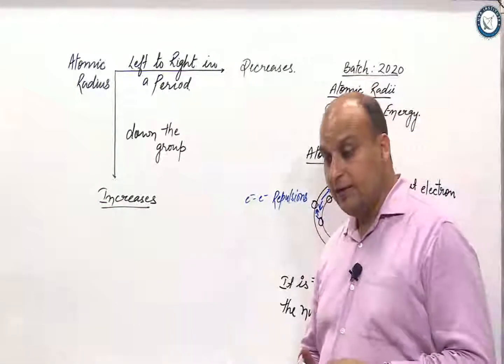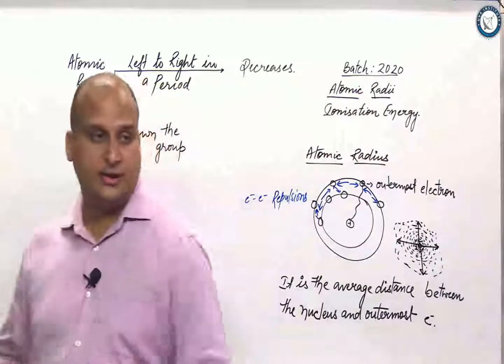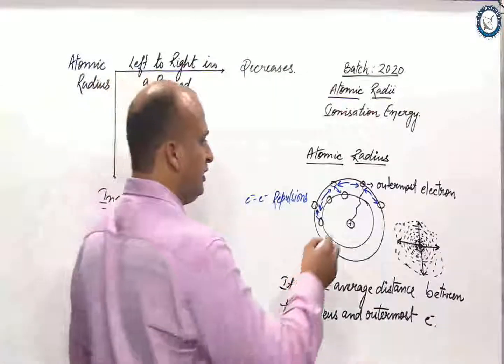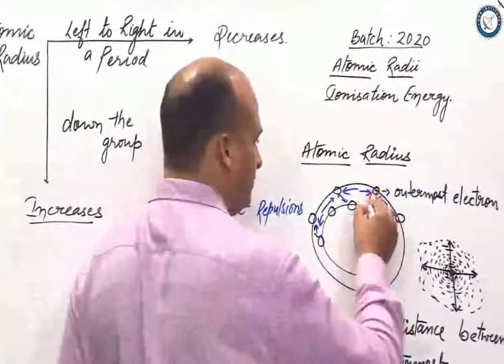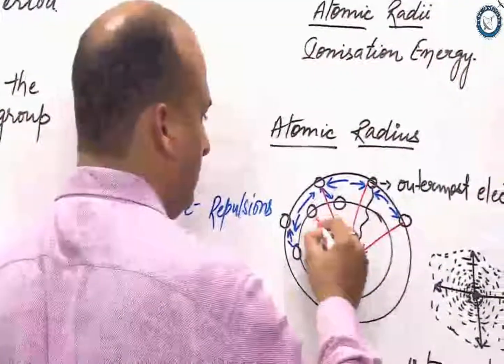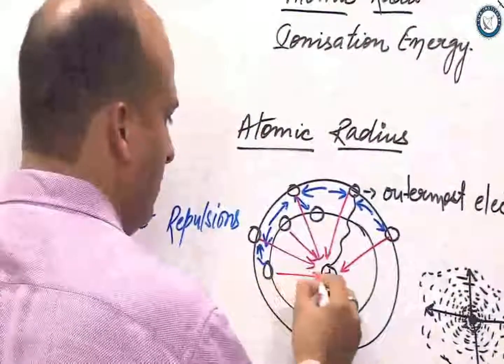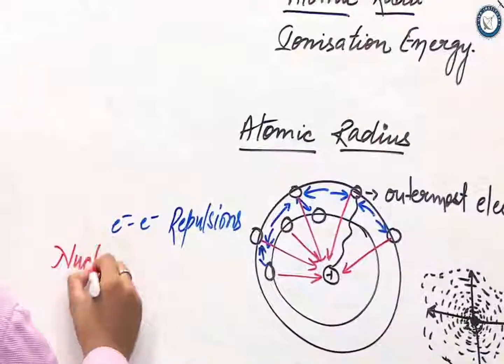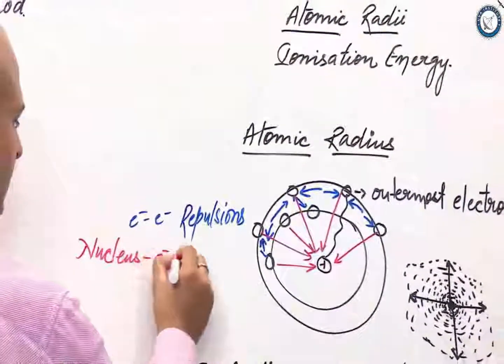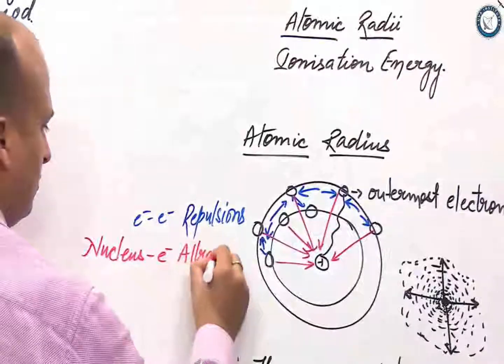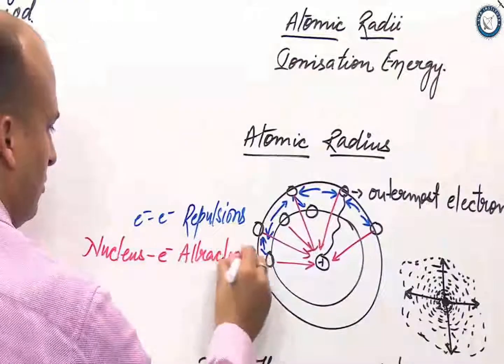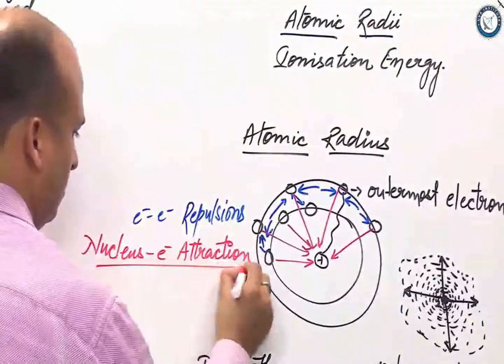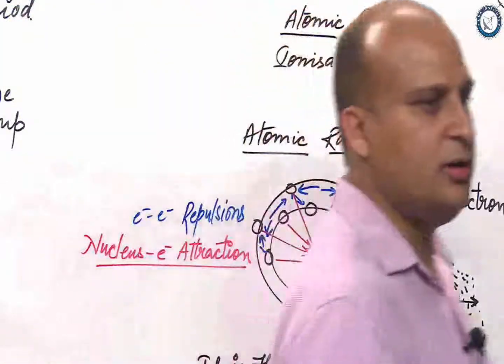That is one thing. And secondly, all these electrons are attracted by the nucleus. So that is nucleus-electron attraction.